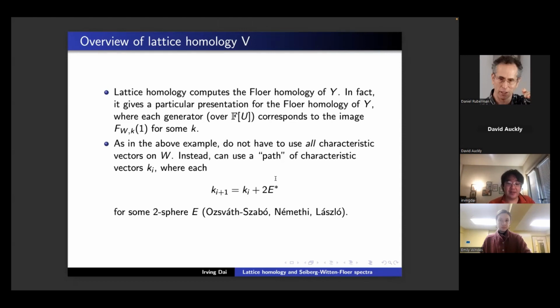You can get away with a finite set of characteristic vectors. And in fact, the finite set can be arranged such that they occur in a path, in the sense that it's a finite sequence of characteristic vectors, and each element of the sequence differs from the previous element by twice the Poincare dual of some exceptional two-sphere E in your plumbing. Okay, so that's a structural theorem about lattice homology.